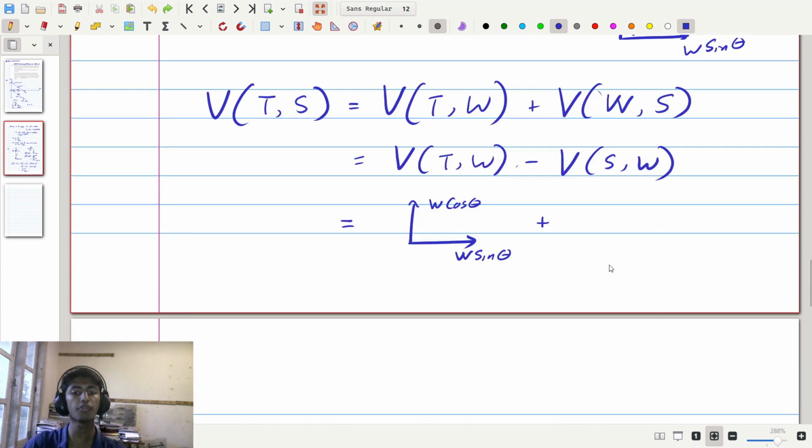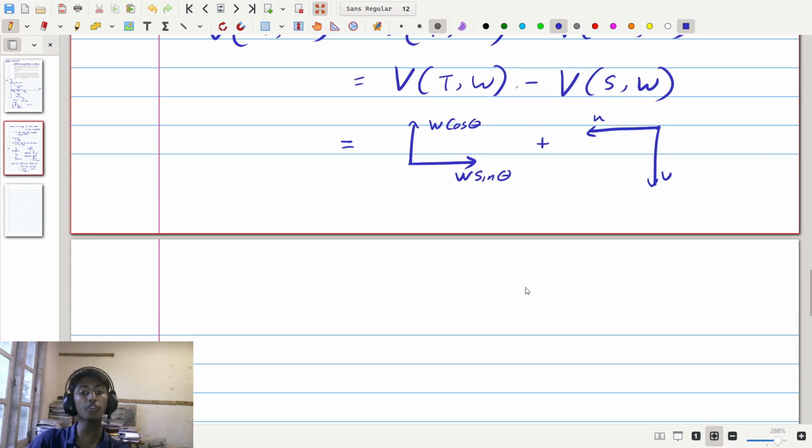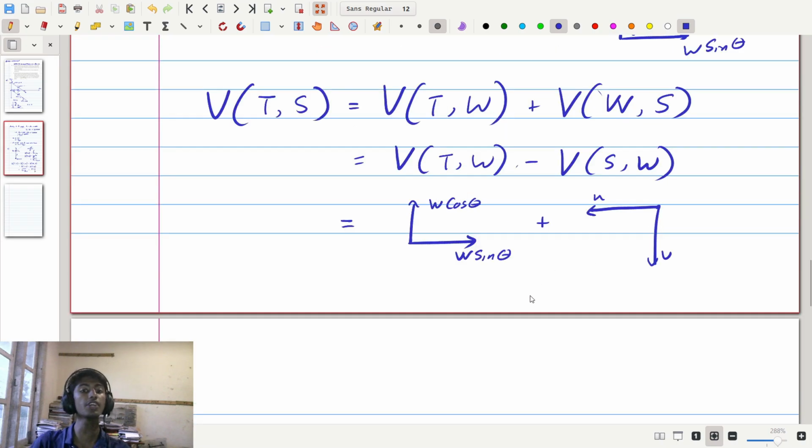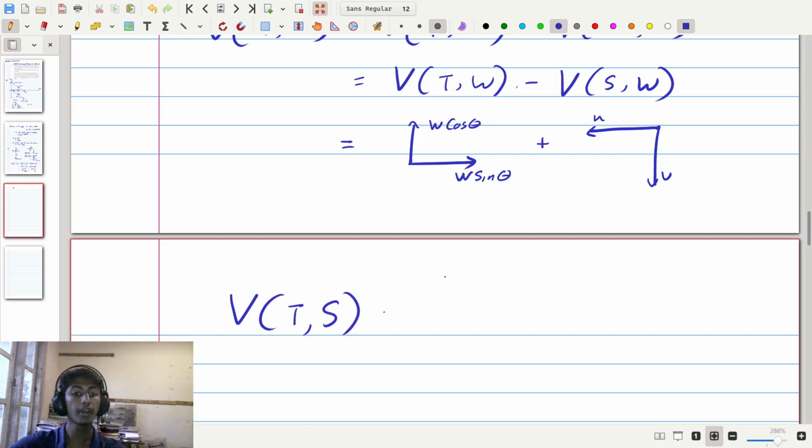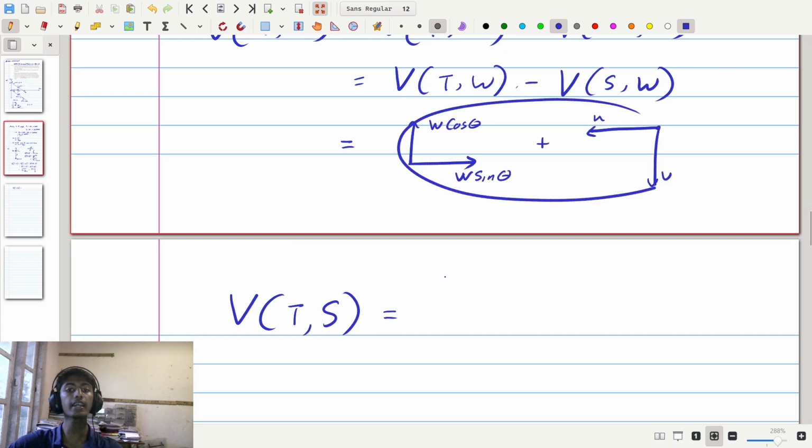So we need to add the velocity of u this way and v this way. Since both of these are in perpendicular directions, the velocity of the torpedo relative to the ship can be broken into vertical and horizontal components, which can be easily found by considering these vectors.